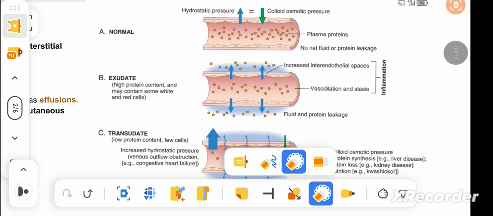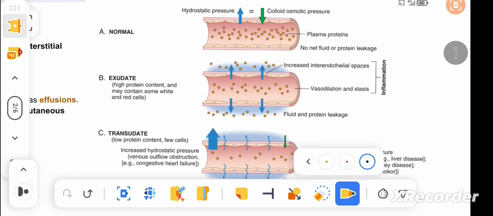The accumulation of that fluid there is what we call edema. Then in a transudate, we only have fluids leaking out, but the proteins remain in the blood vessel. Okay.